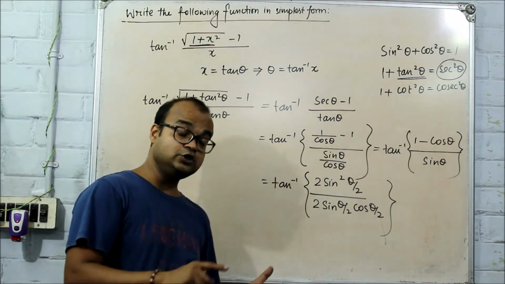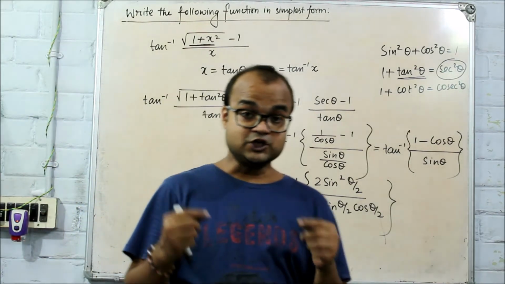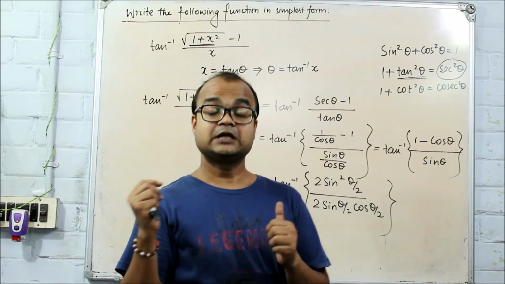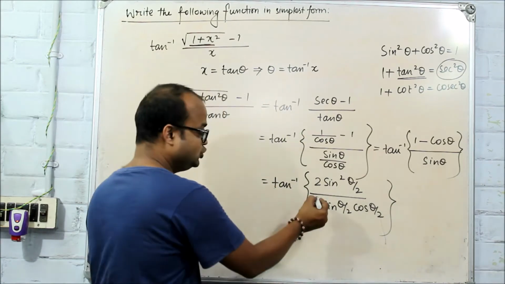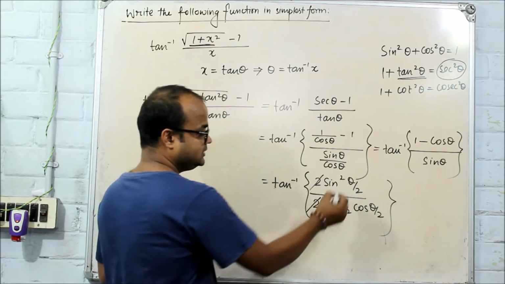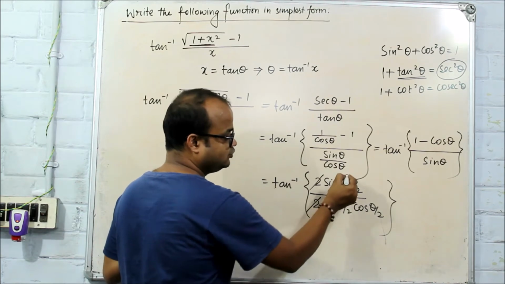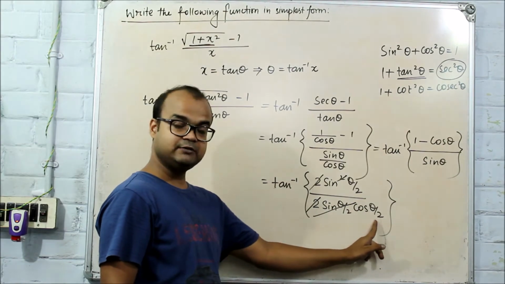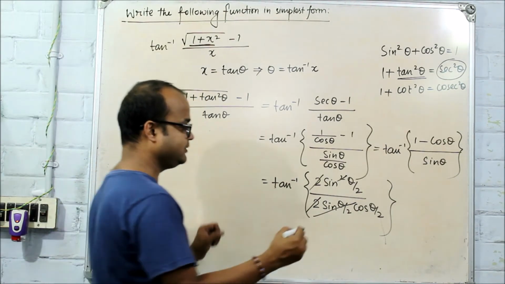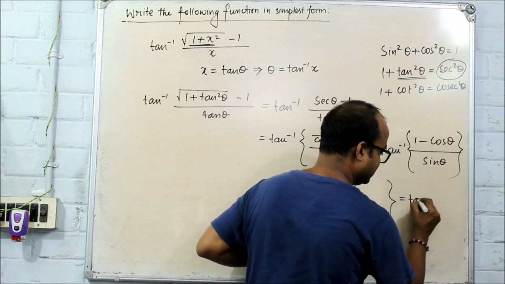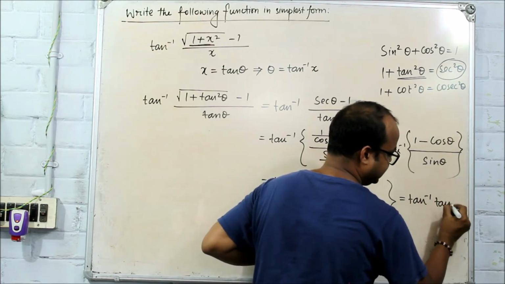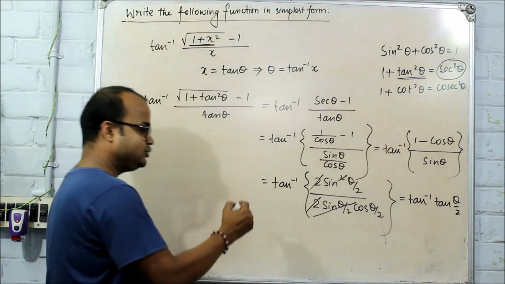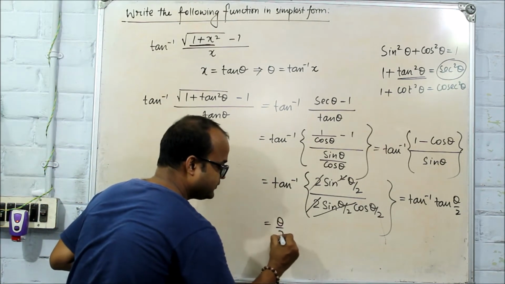That's why I told you to recall all the trigonometric formulas we learned in class 11. So 2 and 2 cancel. Sin theta by 2 cancels with sin square theta by 2. So sin theta by 2 over cos theta by 2 will be equal to tan theta by 2. So this will be equal to tan inverse tan theta by 2. Tan inverse tan theta by 2 is equal to theta by 2.